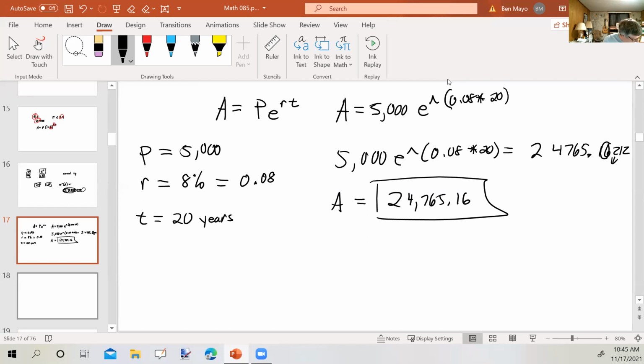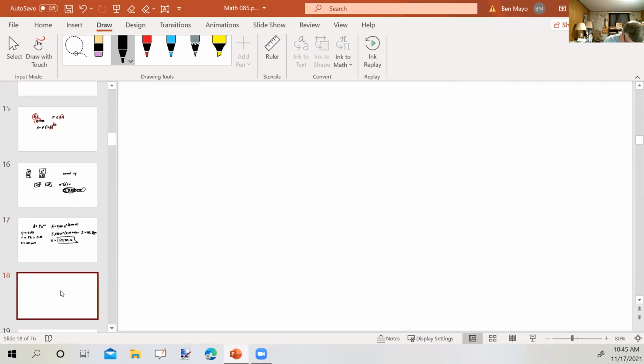Okay, let's take a look at another one. A equals Pe to the rt. I like to think of this as, I don't know, there's a shampoo, used to be, that was called Pert, P-E-R-T. So this is A equals Pert, except it's not P-E-R-T, it's P times e to the rt power, but it still has the word Pert in there.